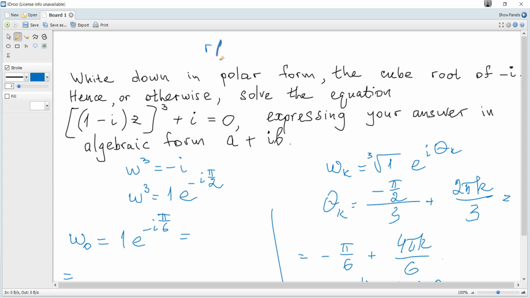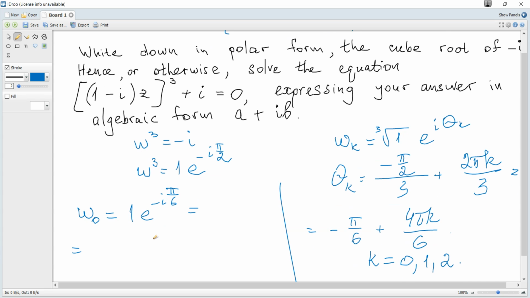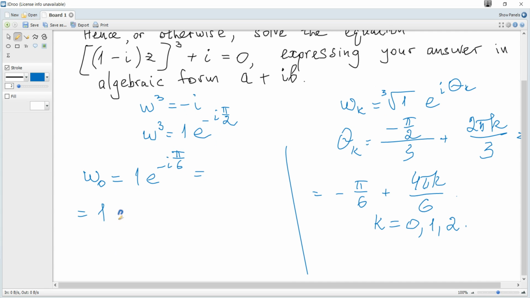And we need it in polar form. Polar form is r cosine theta plus i sine theta, also called the modulus-argument form, or just r cis theta, but we need it finally in this form, so it's useful to use this directly. So it becomes 1 multiplied by what?